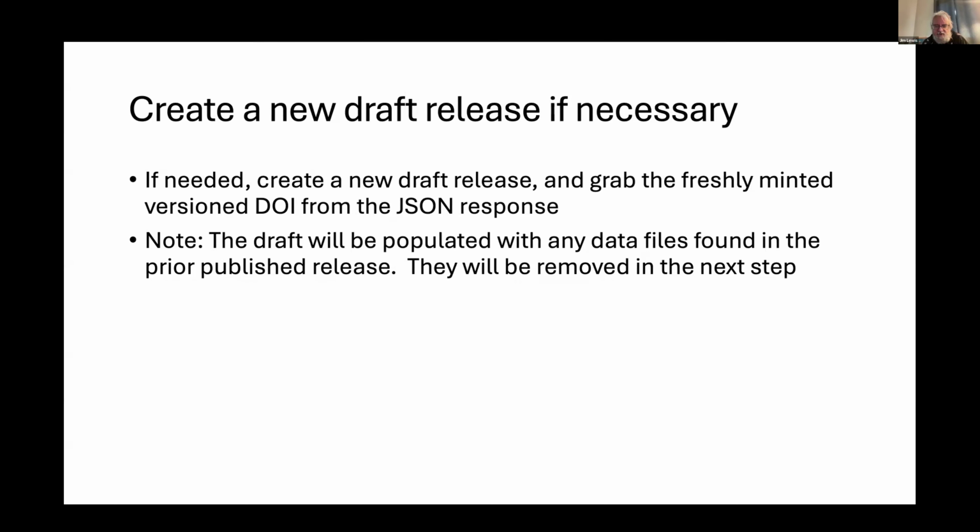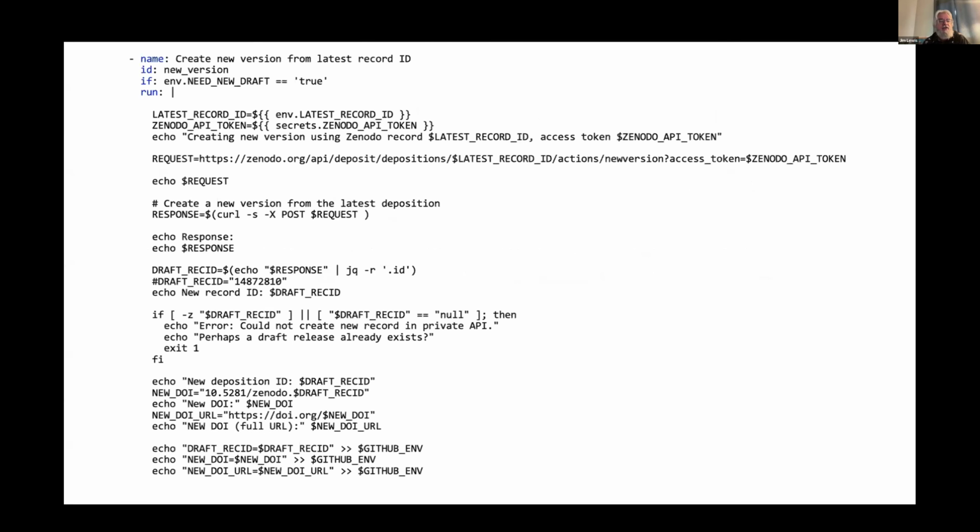If we need to, we can create that new draft release, mint the DOI, grab that, and continue. This step can be skipped if we found that a draft release already existed. So you see in the GitHub action, I test this environment variable to see if I need a new draft, and if so, I go ahead and do that here. Again, here is the request. As I mentioned, you're doing this on the latest record ID that you found from the previous step.